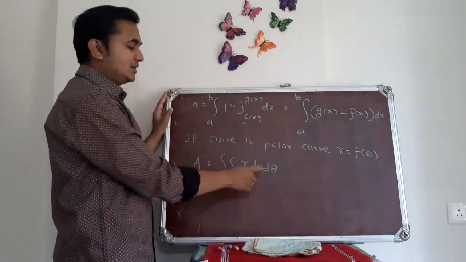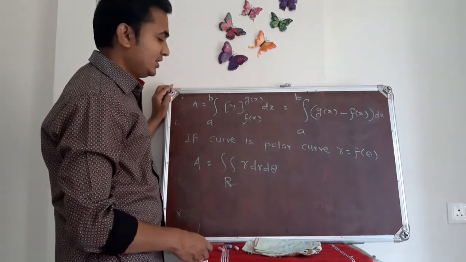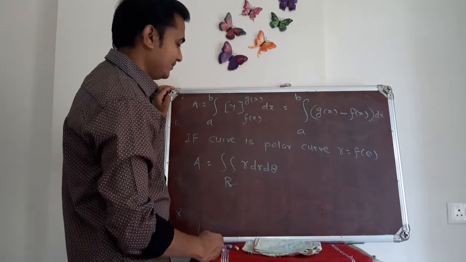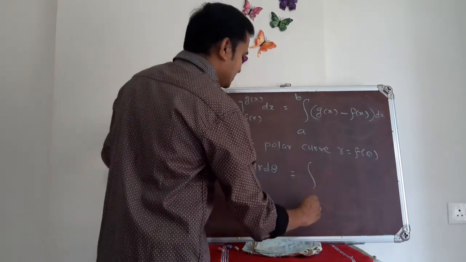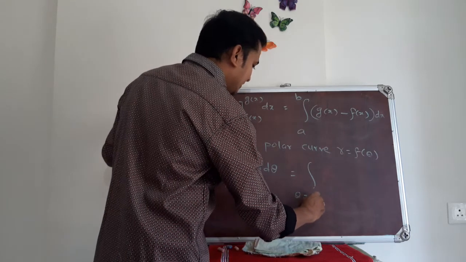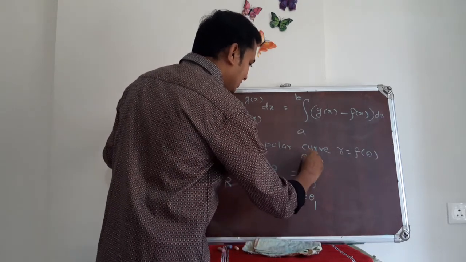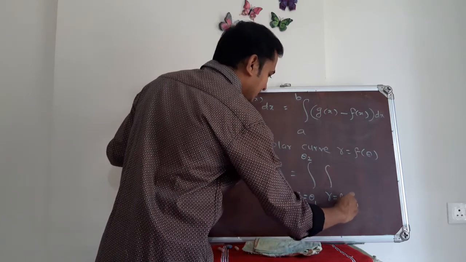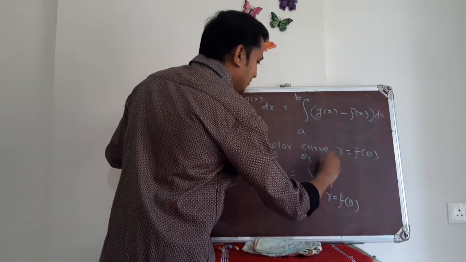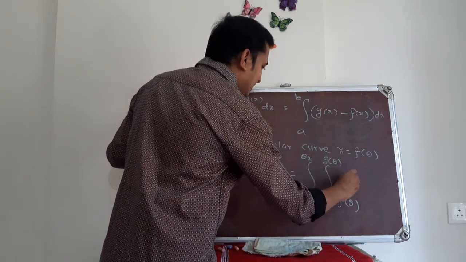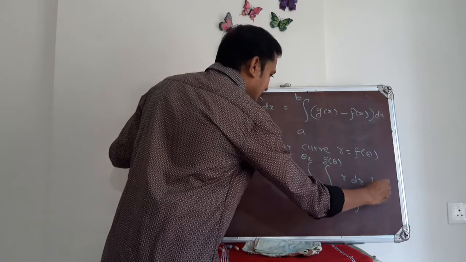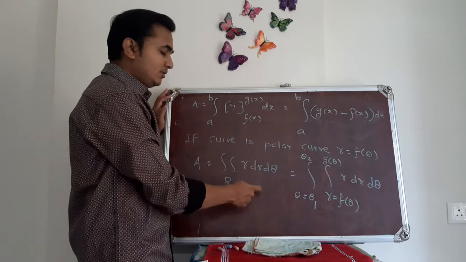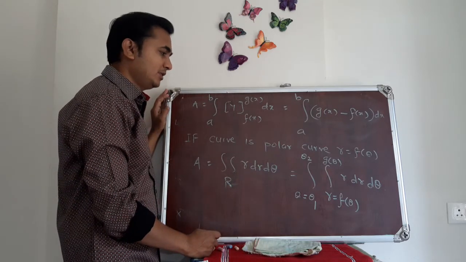This I have explained in the last lecture, that dx dy becomes r dr d theta. So the outer limit should be limits of theta, say theta 1 to theta 2, and the inner limit should be limits of r, so r is equal to f of theta to g of theta, r dr d theta. Okay. So in case of polar curve, follow this formula to find out area bounded by those two curves.